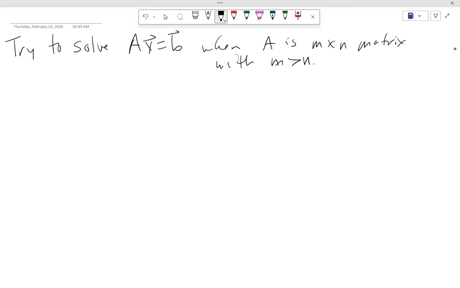So the idea behind this is maybe you're collecting data and you expect the data to fall along some pattern, whether that pattern is a linear pattern or a quadratic pattern or what have you.